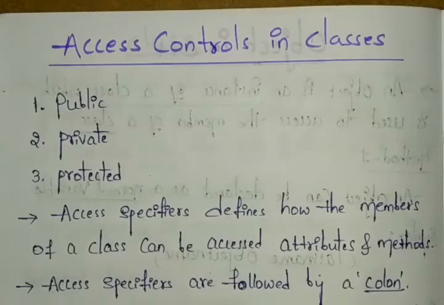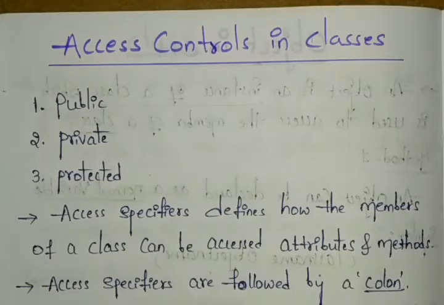First, if you want to work with classes or objects, you have to define these access controls. So first we need to learn what access specifiers we have. These access specifiers define how our classes control access.